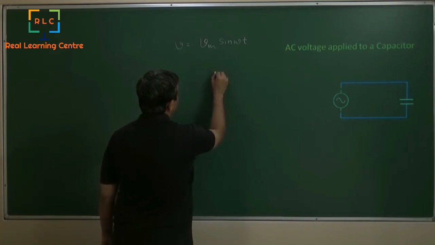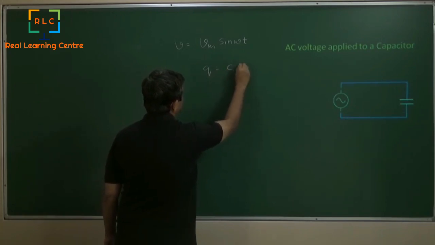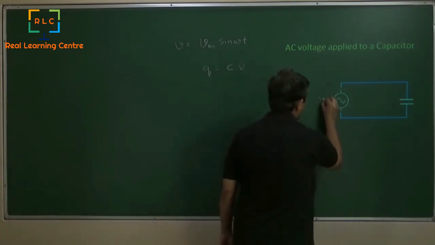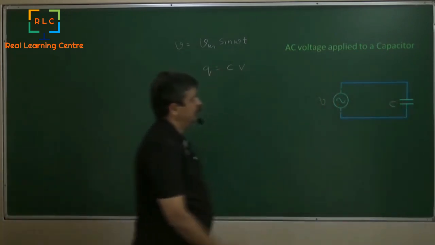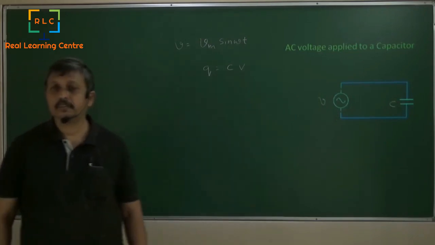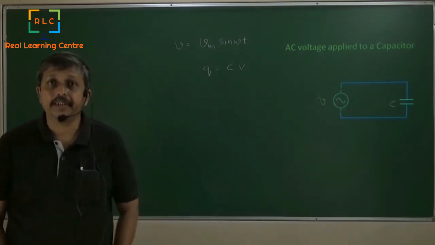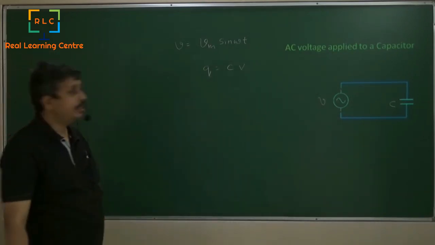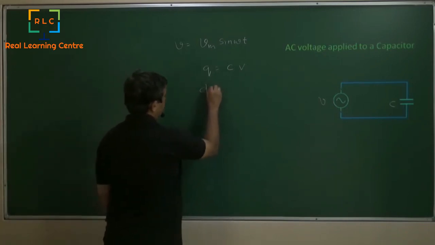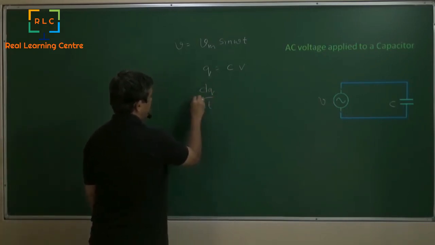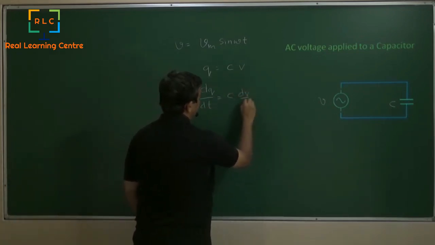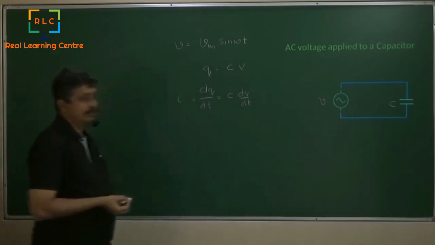So we say Q is equal to CV, or C is equal to Q by V. However, we know that dq by dt is nothing but current. So it is C into dV by dt. Both sides I am just differentiating with respect to time.